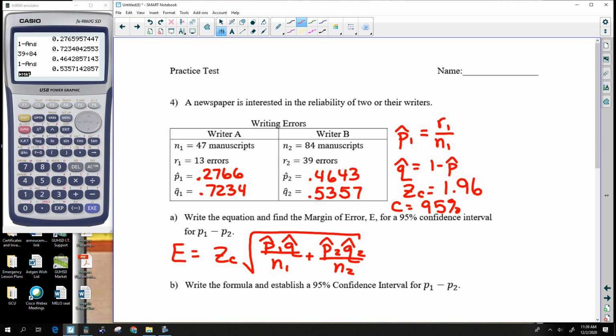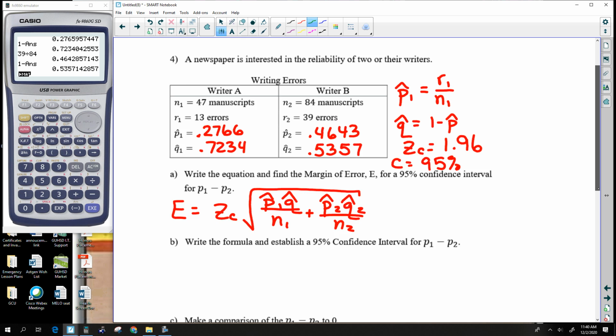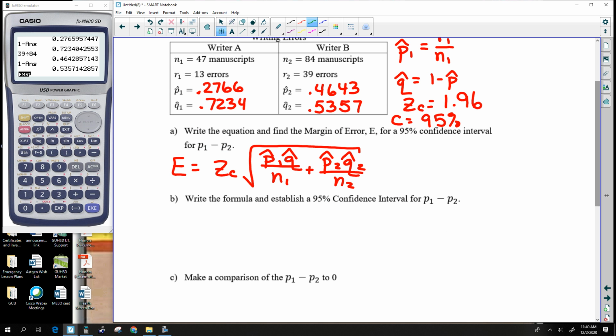I'm going to get the inside of this square root. That is p hat 1 times q hat 1 divided by n1, and I'm going to add p hat 2 times q hat 2 divided by n2. So that gets me the inside of that square root.